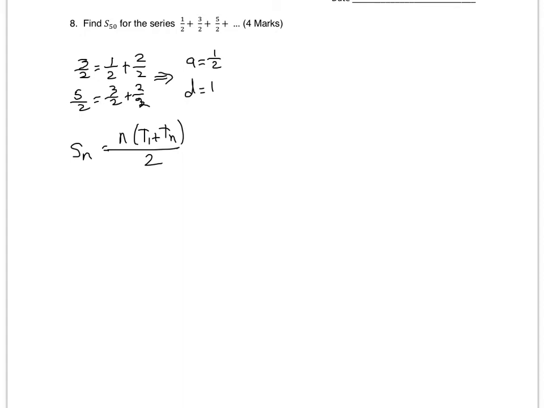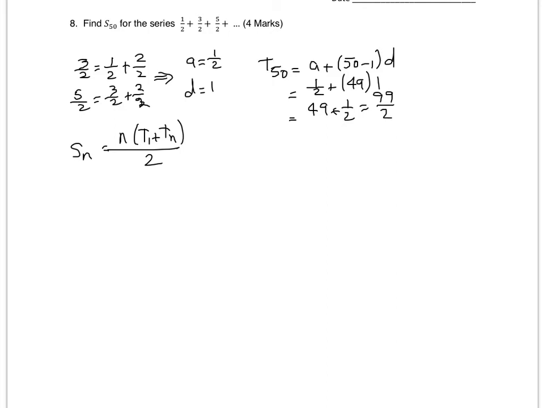But we know that n is 50, so first I have to find t50. t50 by definition is a plus 50 minus 1 times d. But we know that a is equal to 1 over 2, plus 50 minus 1 is 49 times d, which is 1. So this is 49 plus 1 over 2, which is going to be 99 over 2.